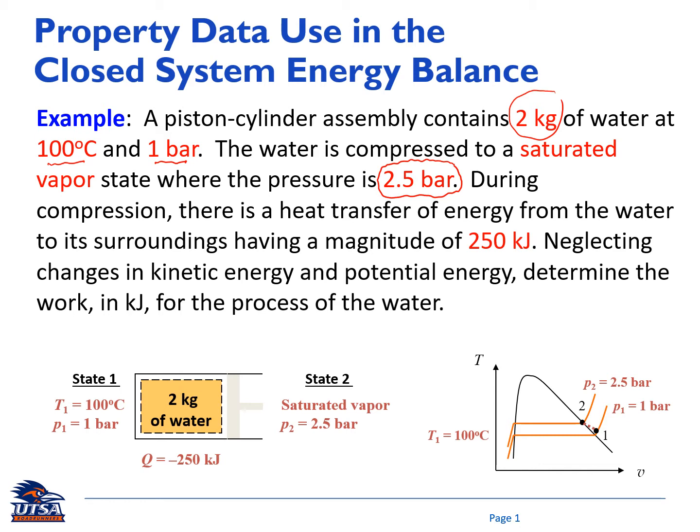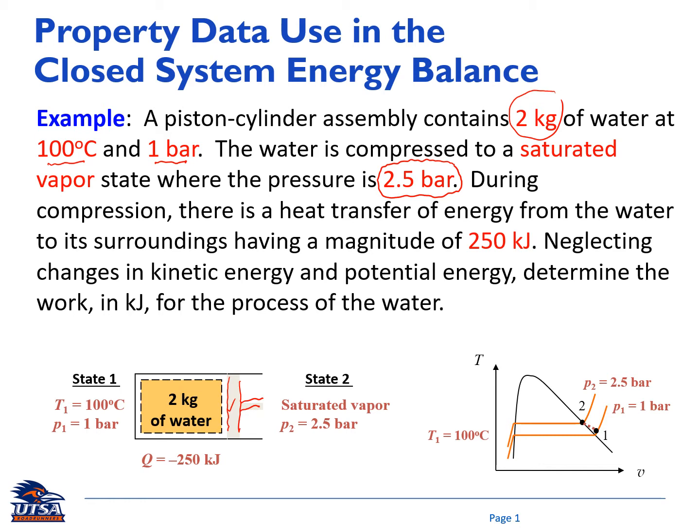If you see the bottom left figure here, it shows a schematic of the system. We have 2 kilograms of water, and there is a black dashed line. This represents the boundary of the system. The system is contained within a piston cylinder assembly, and here you see a piston in gray.